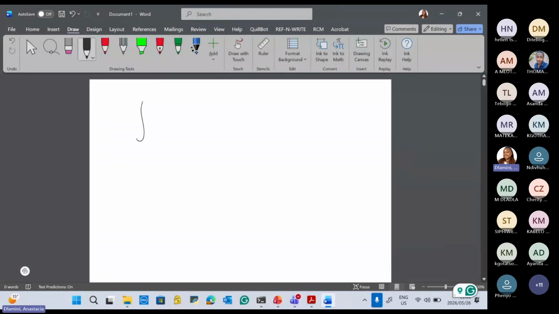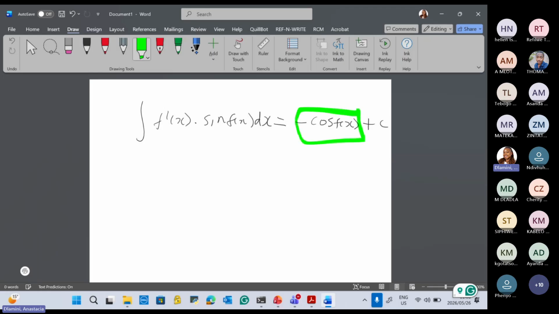So the first one, it's number 6. When you're integrating a derivative of a function times the sine of a function, dx, we know that this equals minus cos of f of x. You know that, right? Because if you differentiate this part over here, you'll get what is under the integral sign.